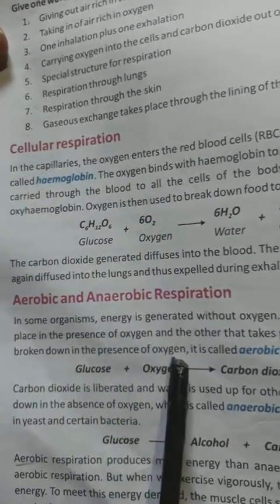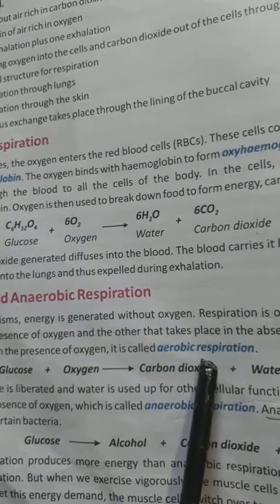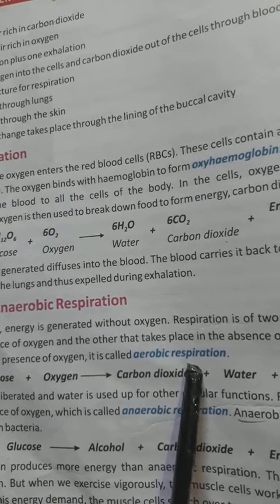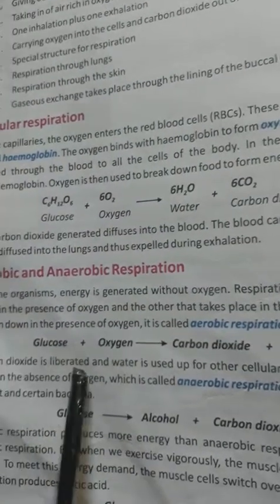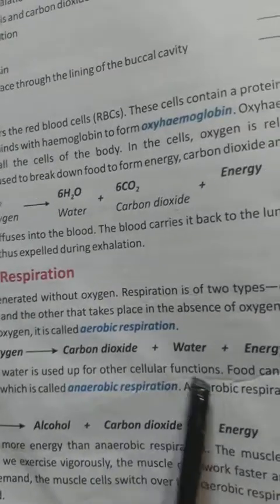When food is broken down in the presence of oxygen, it is called aerobic respiration. Carbon dioxide is liberated, meaning separated, and water is used up for other cellular functions.